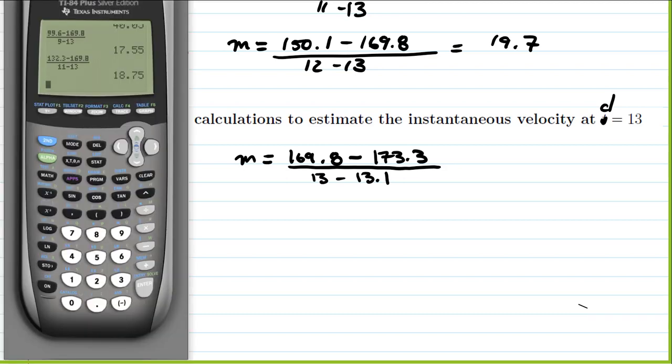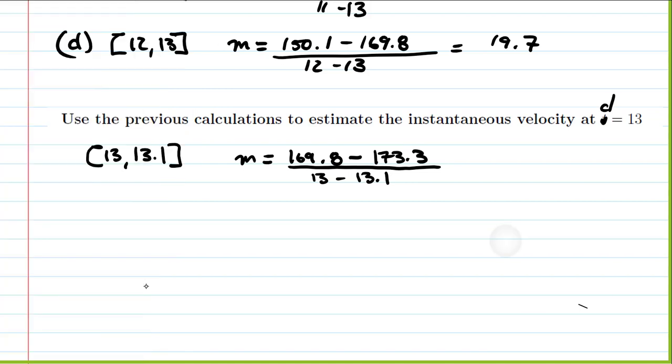If we grab our calculator and we put this one in, we have 169.8 minus 173.3 all over 13 minus 13.1. We hit enter, and this time we get a huge number. We get 35. So that says for that last tenth of a mile, what happened? They really slowed down. So this actually gives us some information.